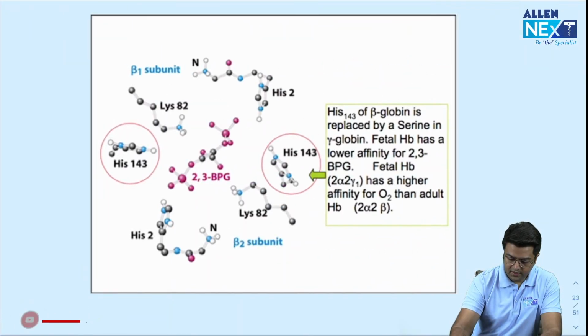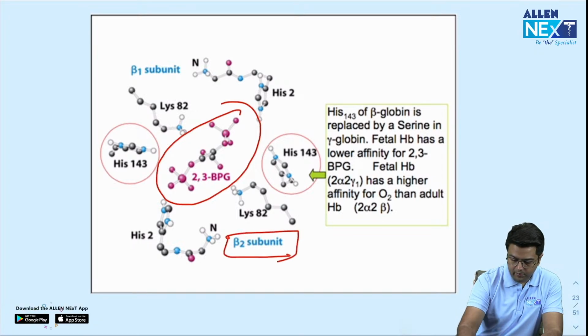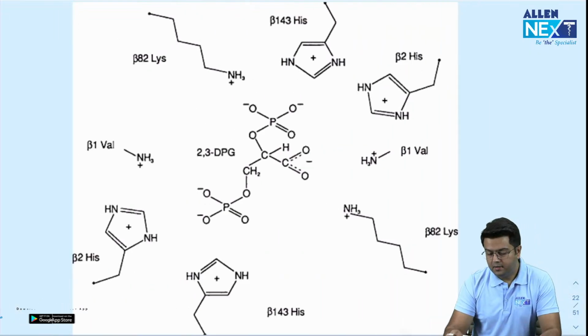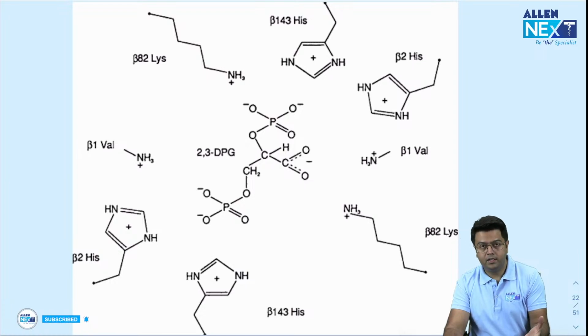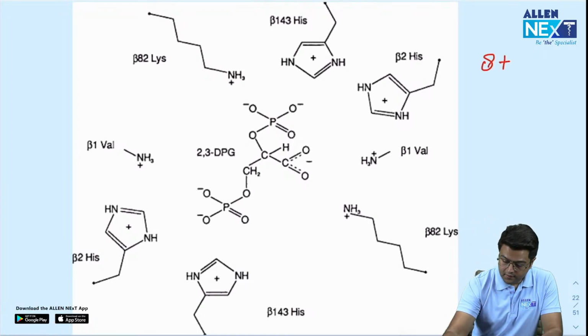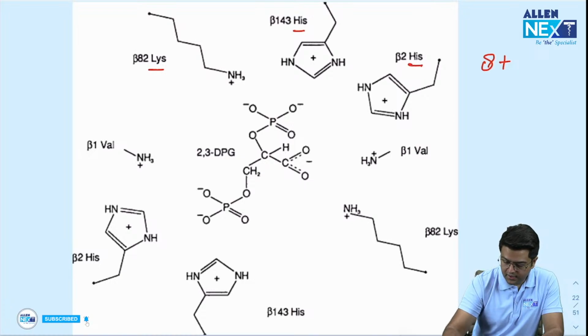Look at this in a simplified manner. It is the 2,3-BPG which is binding with the cleft between the beta 1 and beta 2 subunits. Now the beta subunits have 8 positive charges, as you can see here. These are the amino acids: lysine, histidine, valine, lysine, histidine.